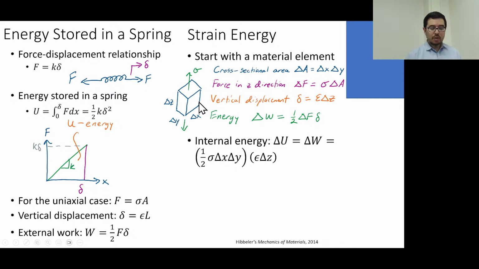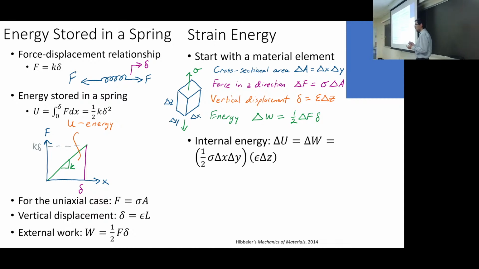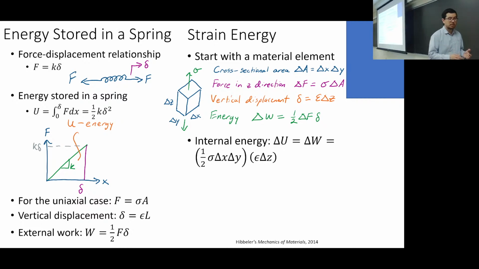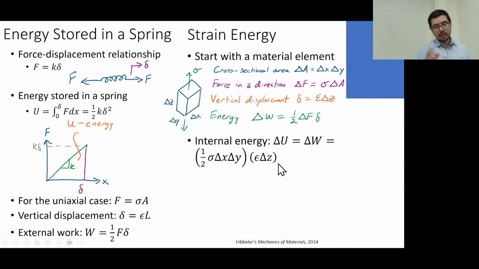Well, the delta for this element is going to be epsilon times delta Z. That's the relationship. Remember we said strain is just a delta over length, right? Some change in displacement over the initial length. So we flipped it here, and we're saying that the strain times that length is going to give us the delta. So now this is the internal energy for this little element. Okay.